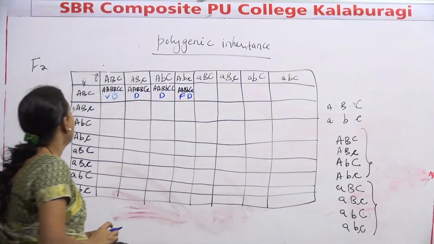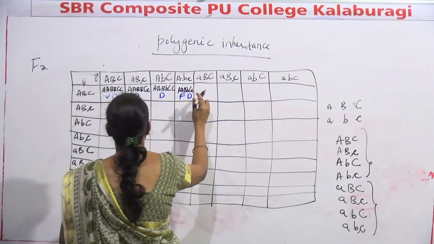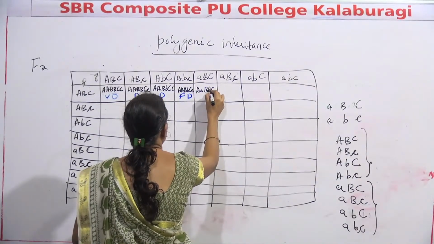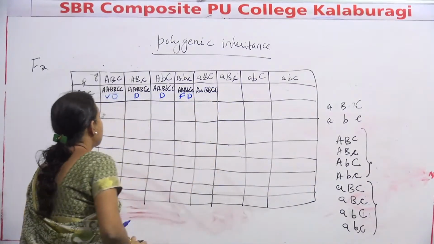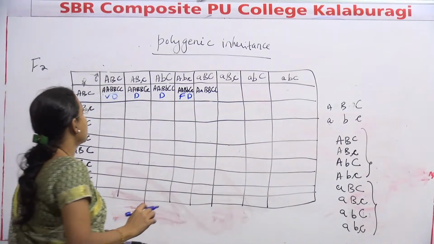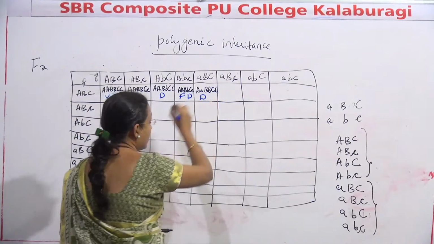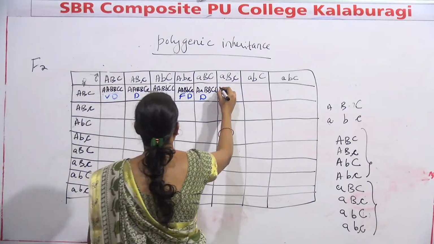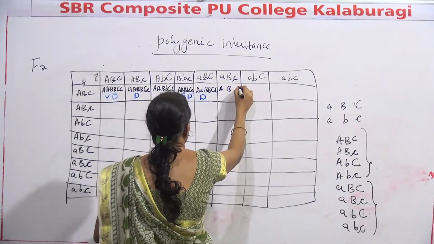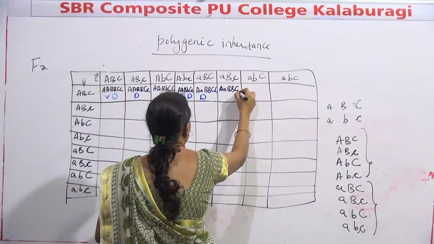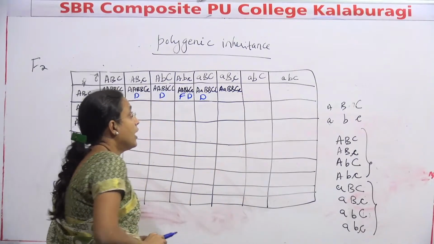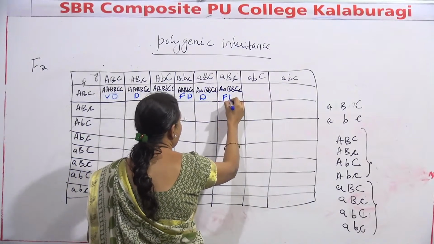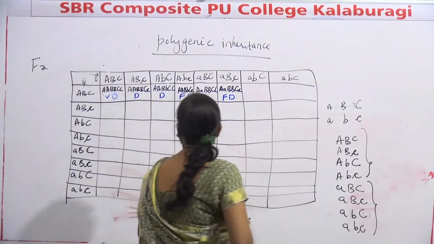Understand? Now the next one here, you can see only one is recessive. It means again it is only dark. Here, 2 are recessive, remaining are dominant. Again, it is fairly dark. The next one.